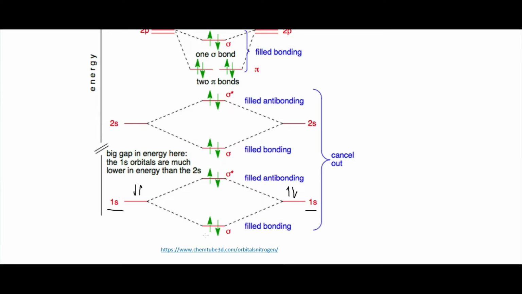And so these come together, so we have a sigma and then the sigma star. Those cancel each other out. Then we can do the same thing for the 2s here, where we have the atomic orbitals here. They come together, form these molecular orbitals, and we have the sigma and the sigma star filled, so those cancel each other out.